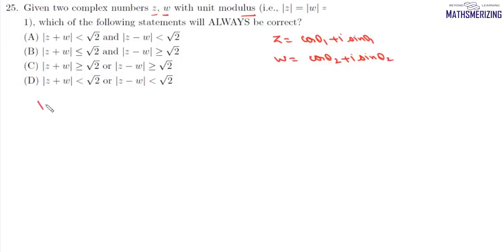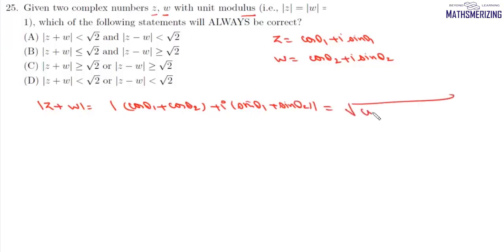Now we write mod of z plus w, it will be mod of cos theta 1 plus cos theta 2 plus iota times sin theta 1 plus sin theta 2. Now this value will be under root of cos theta 1 plus cos theta 2 whole square plus sin theta 1 plus sin theta 2 whole square.